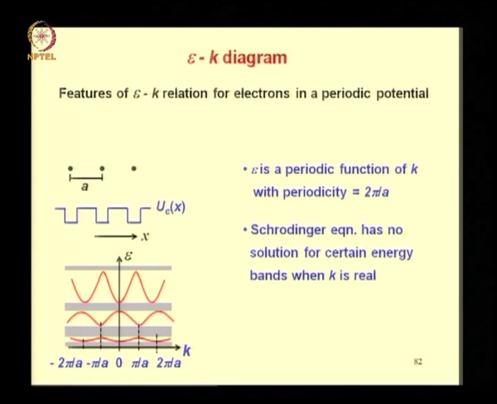The second feature is that the Schrodinger's equation has no solution for certain energy bands when k is real. These bands are shown here in grey color. So they are the forbidden energy bands. For these energies the Schrodinger's equation has no solution.